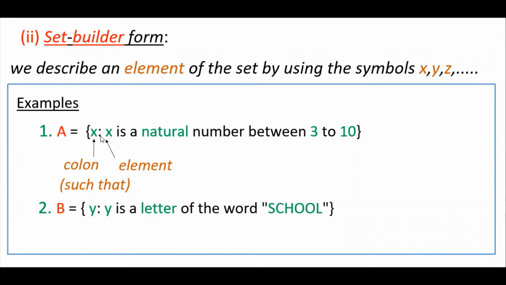And this is called colon, that is such that x is a natural number between 3 to 10. And this sentence you have to write inside the braces. Like this, the second example is B is equal to {y such that y is a letter of the word school}. So you have to write the sets by using set builder form like this.